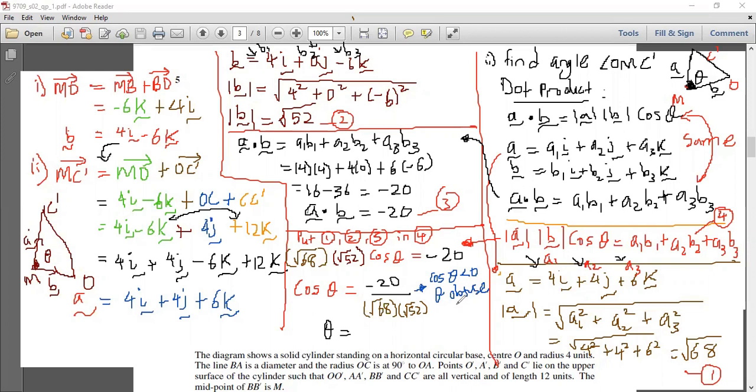Being a triangle, it cannot be in the third quadrant, because that's beyond a triangle value, which is between 0 and 180 degrees. So this becomes 109.65 degrees. For the degrees of accuracy, you have to see the requirement in the paper. So that's how you find the angle between the two vectors by using the dot product. Thank you.